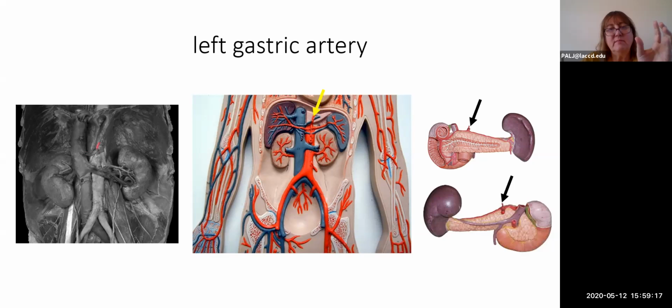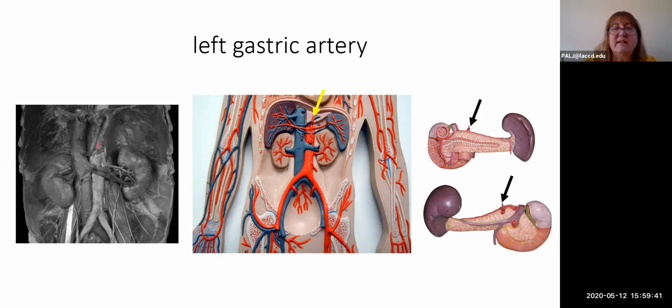Then if you go back to the abdominal aorta, partway down you will see that there is a vein that crosses just anterior to it, that I'm pointing to now. The next unpaired blood vessel is just immediately superior to that only blue blood vessel that crosses in front of the aorta.